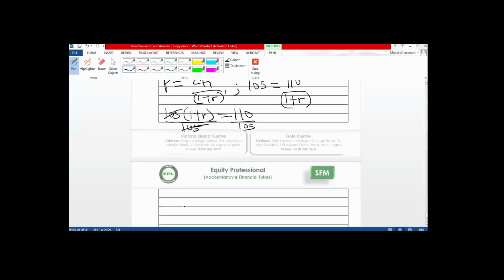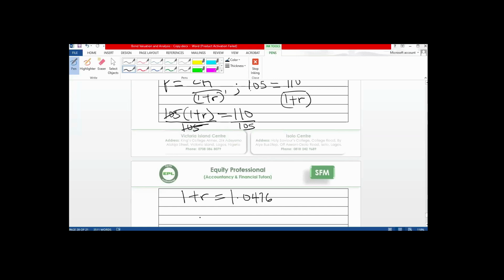What do you have? 1.05, you approximate. It is 1.0476. You have 1.0476. Correct, sir. Approximation. You are right.